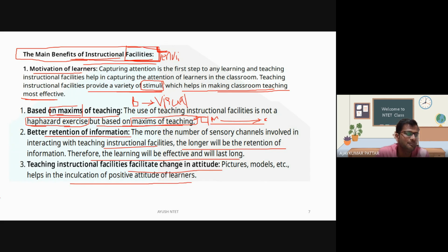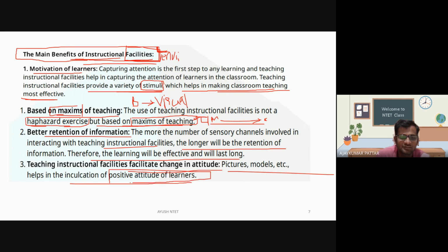So if you are teaching something without teaching aids, if you are not using any pictures or models, and you are simply describing, then it will not give effective teaching. If you use pictures, models or any teaching aids, then it changes the behavior and positive attitude of the learners.